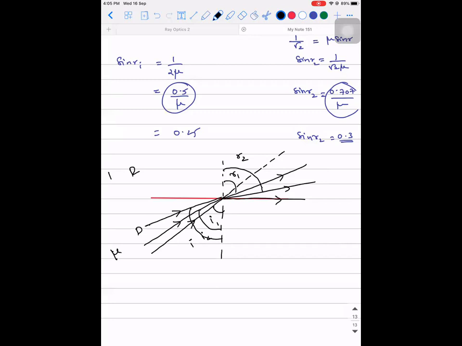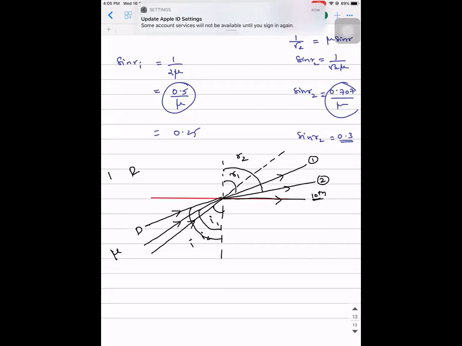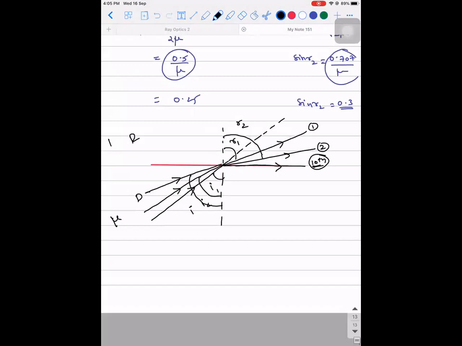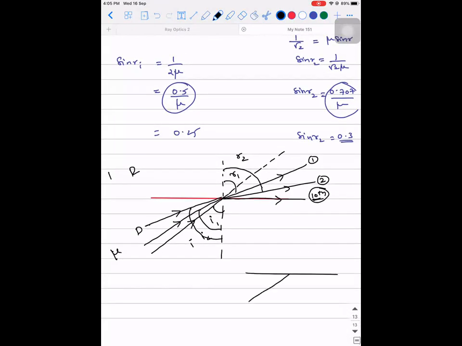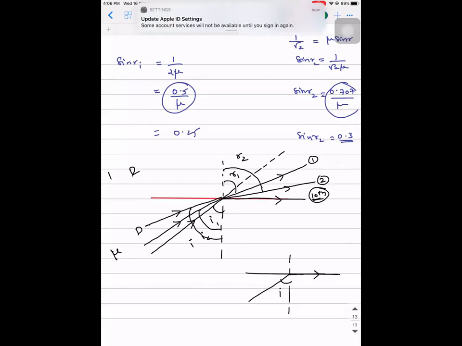Are you guys able to visualize? This is the first refracted ray, second refracted ray, maybe this is the 10th refracted ray. You're doing this experiment, you're increasing the angle. My question is, is this 10th refracted ray possible or not? There will definitely be one situation where you keep increasing the angle of incidence, and the angle of refraction is also increasing on the other side, in such a way that at one particular scenario the refracted ray will exactly pass along the boundary of both the media.